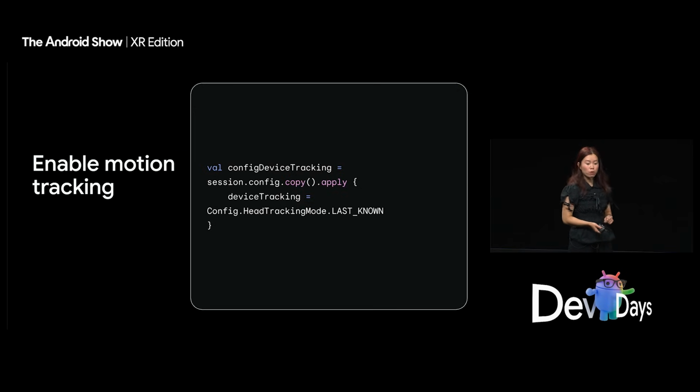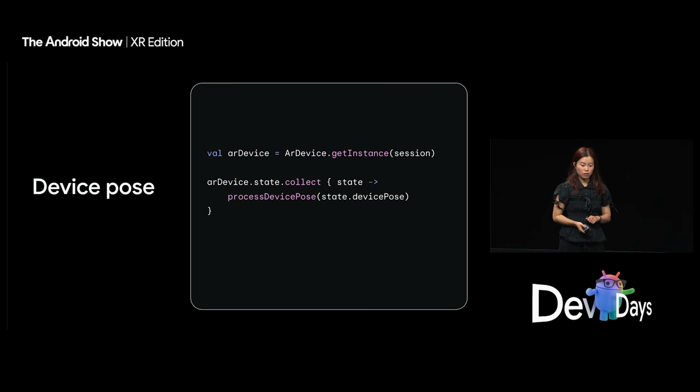Okay, to enable motion tracking, first configure your session by setting the head tracking mode to last known. This ensures the session tracks the device pose and leverages the last known pose from the system. Once your session is configured and running, getting the device pose is simple. You start by getting the device instance using the getInstance method and passing in the session.